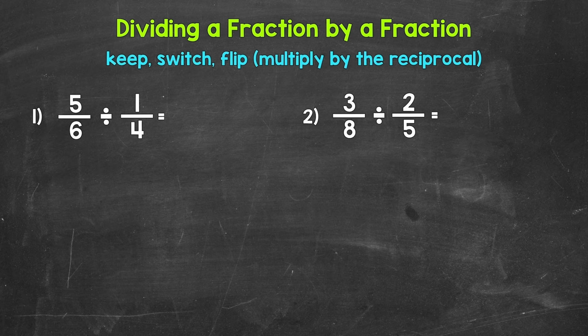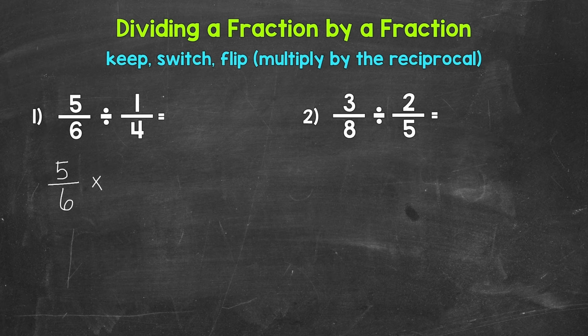So when we rewrite this, we keep our first fraction. We keep 5/6 as is. Then we switch to the inverse or opposite of division, which is multiplication. So we switch to multiplication. And since we switched to the inverse of division, we need to flip our second fraction.